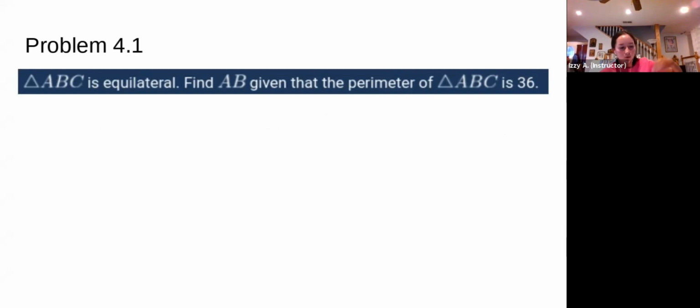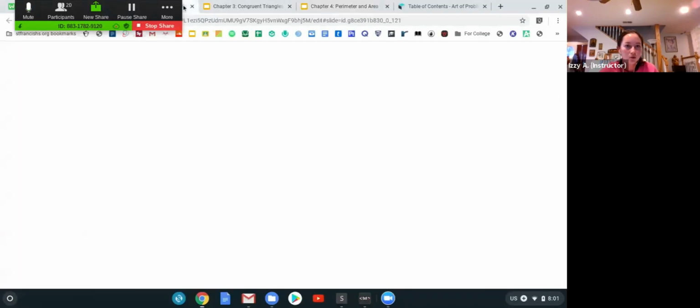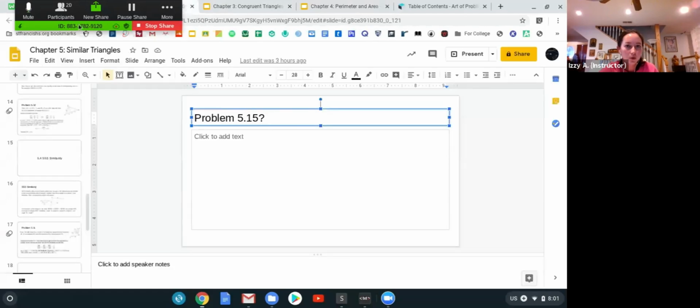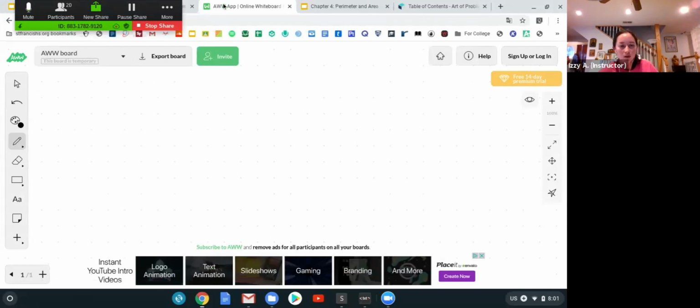Okay, so ABC is an equilateral triangle, and we want to find AB given that the perimeter of ABC is 36 degrees. So let's go to the software, which is over here.